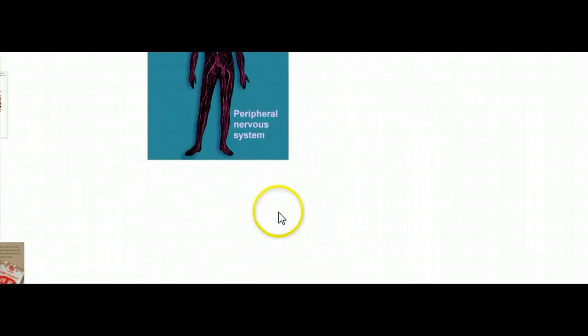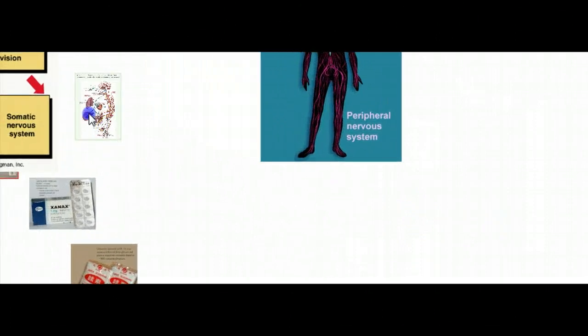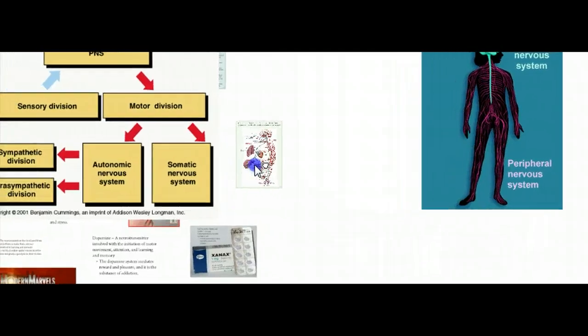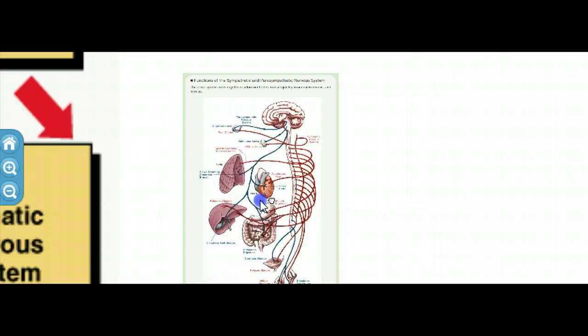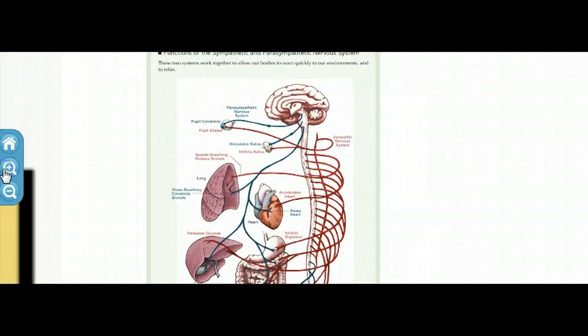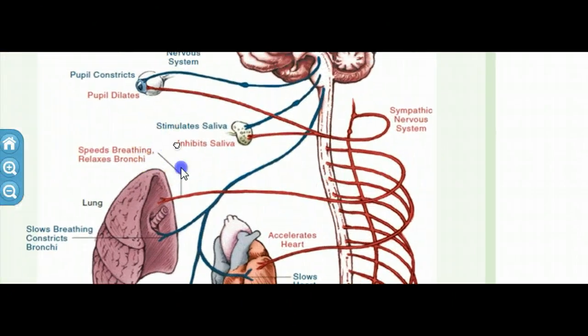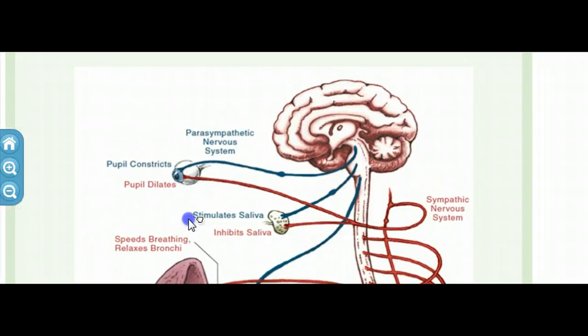So, go to your book and look at this chart right here, and it'll show you what the parasympathetic and the sympathetic nervous system control. So remember, think fight or flight for sympathetic. It's sympathetic to the grizzly bear that you stumble upon in the woods.